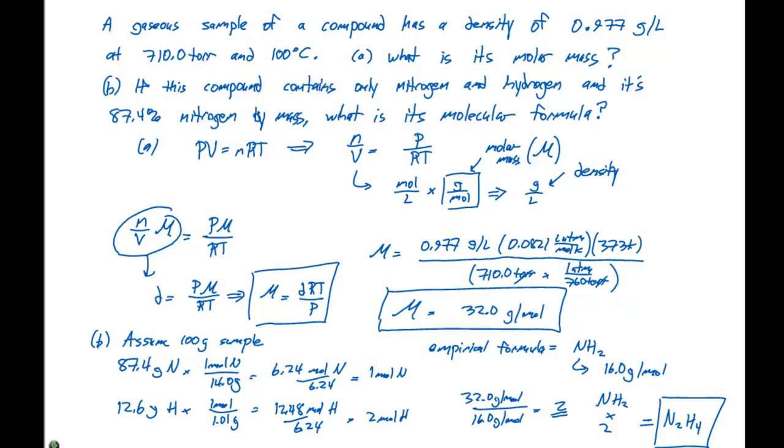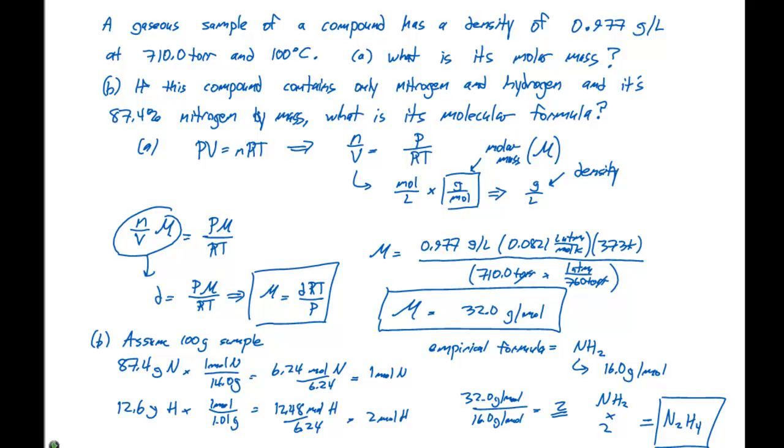So this is the molecular formula of our gas that contains nitrogen and hydrogen. If we recap, we've derived a nice way to figure out molar mass if we're given a density.